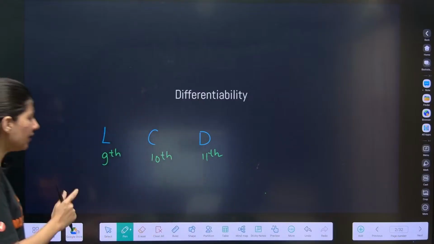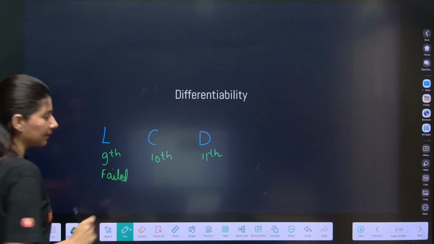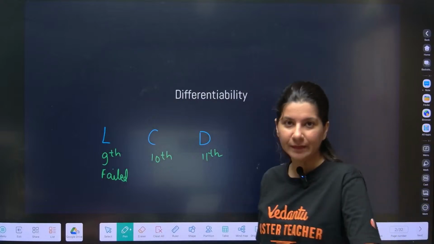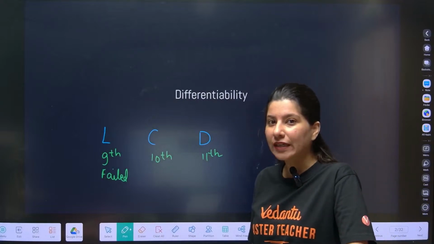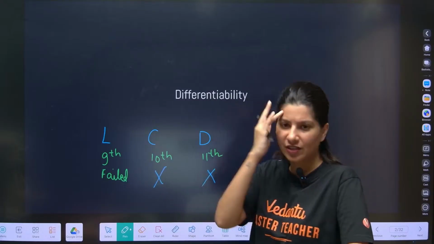Understand. If a student has failed class 9th, that means limit does not exist. If limit is not existing, then we are not going to talk about continuity and differentiability.